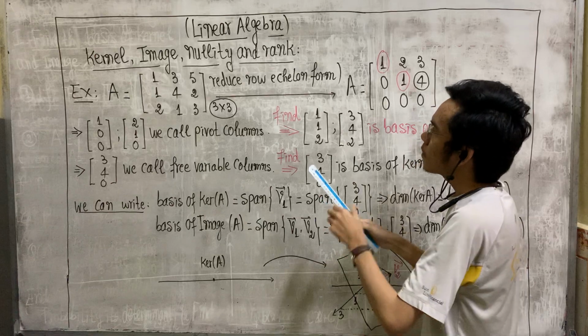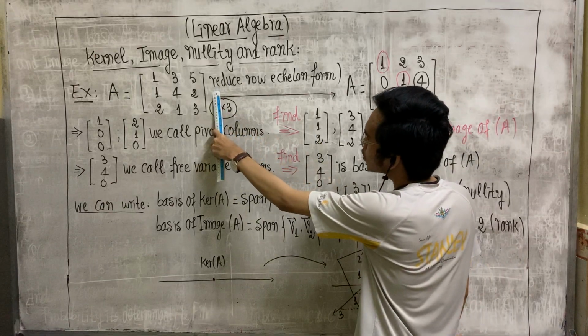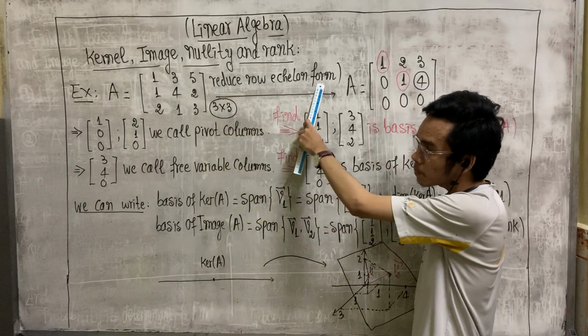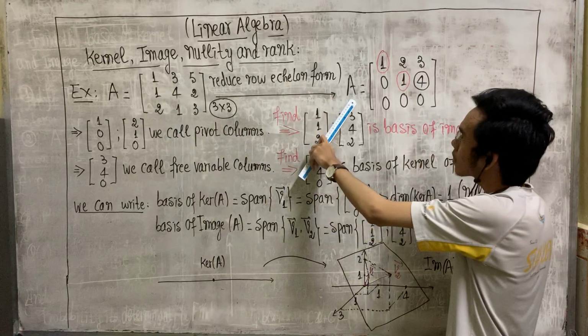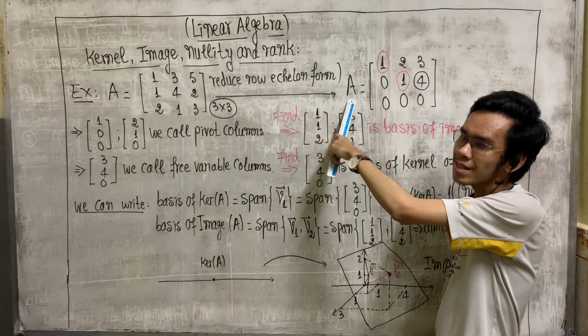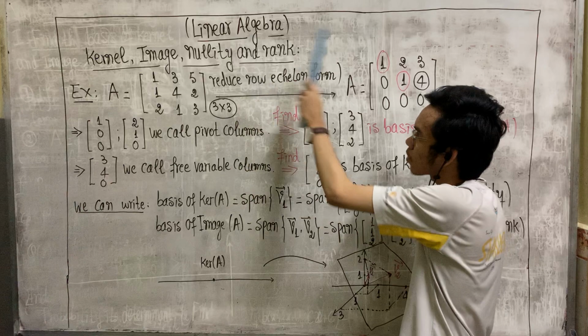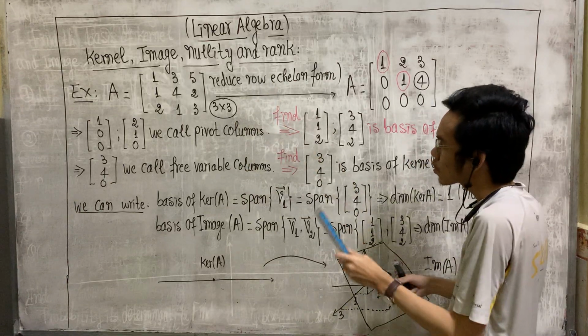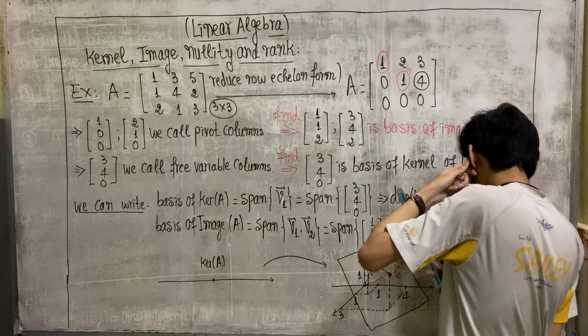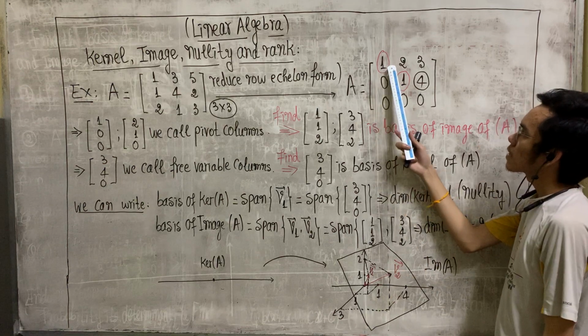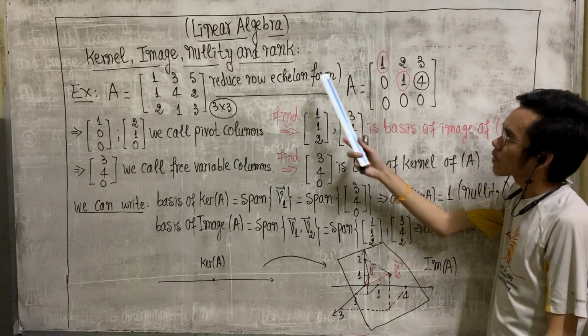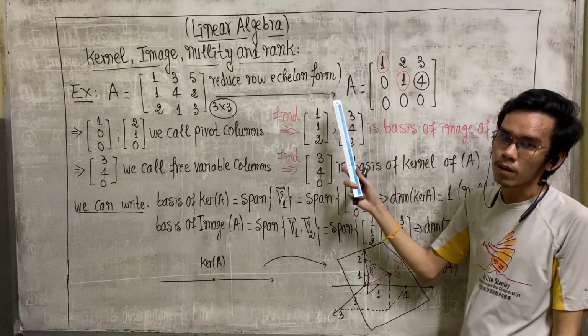If I take the reduced row echelon form, then I get the new matrix A in reduced row echelon form.